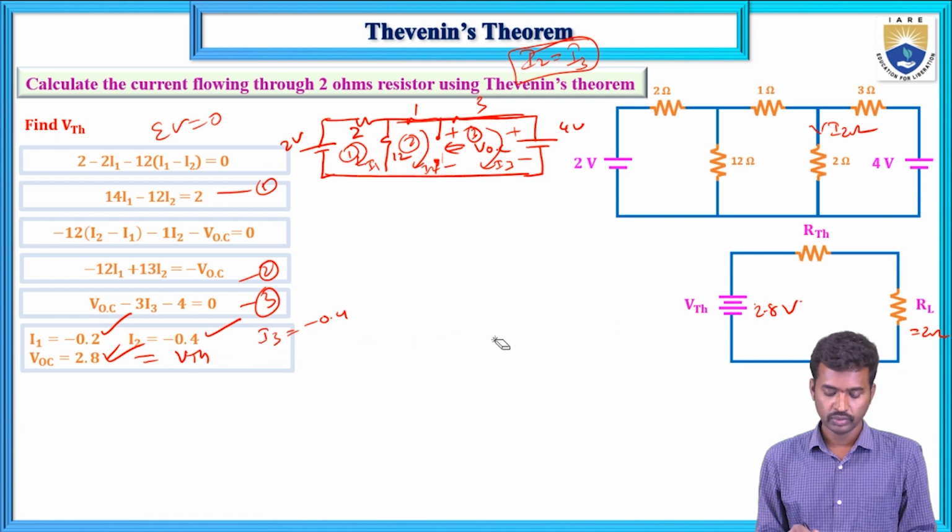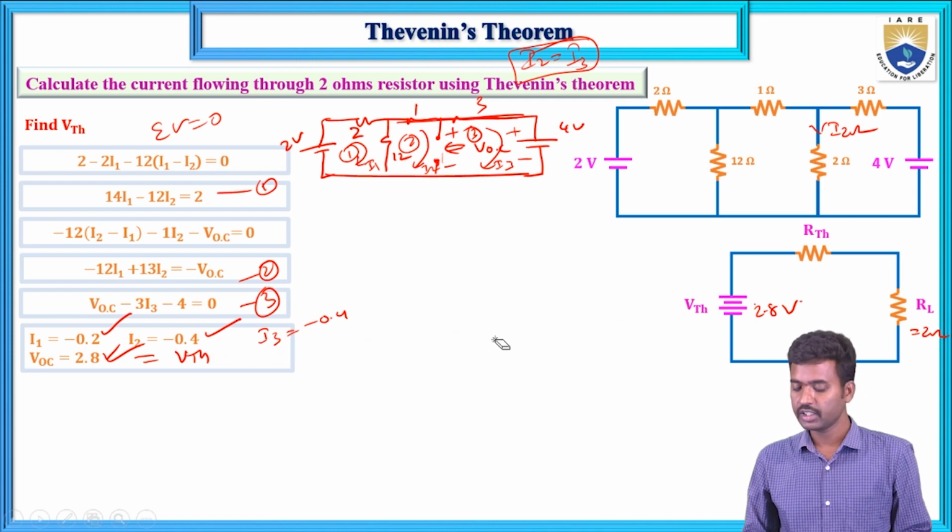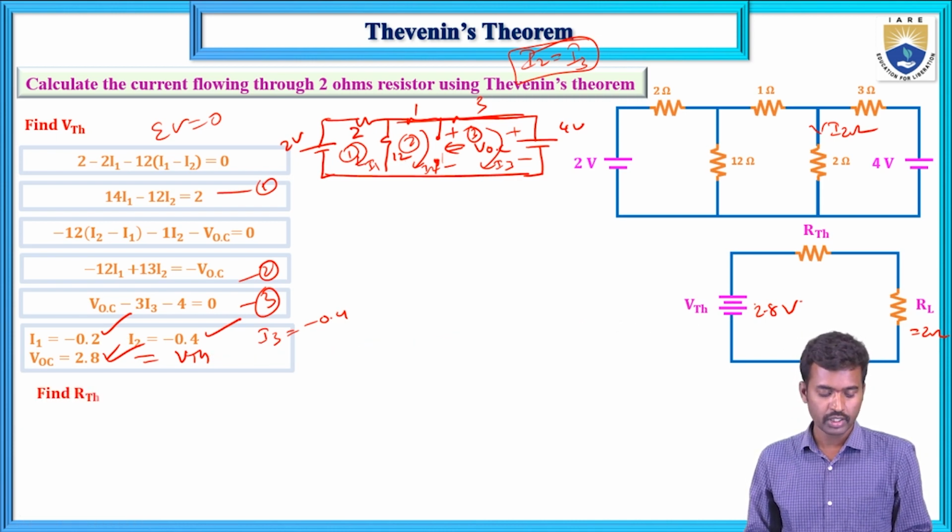Next, calculation of RTH. First remove the load resistance from the given circuit. I will draw the circuit with 2, 1, 3 and 12 ohms.